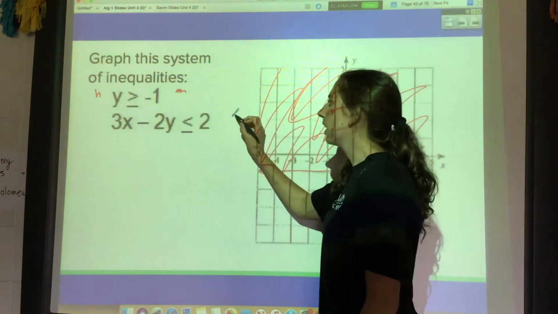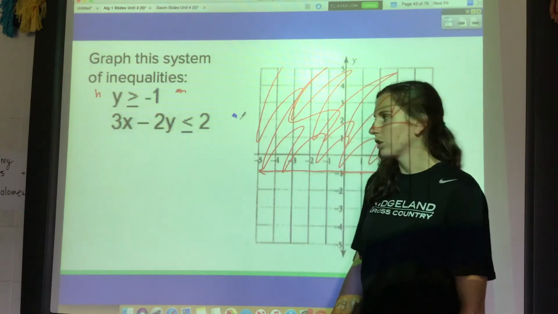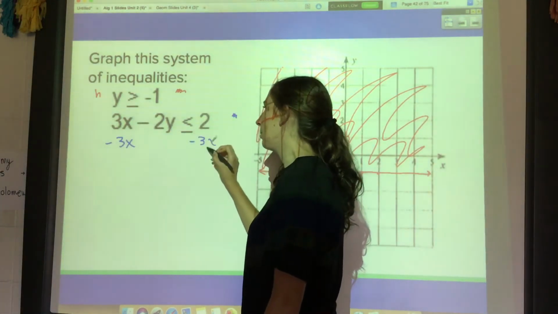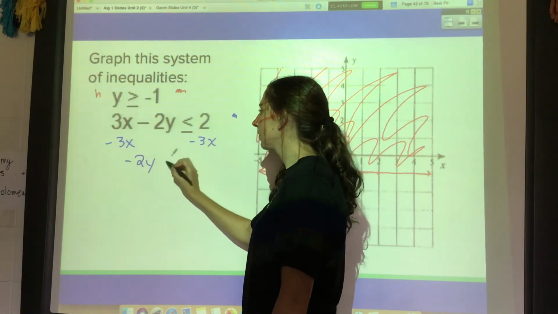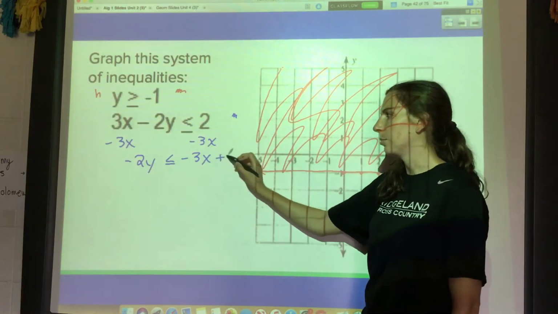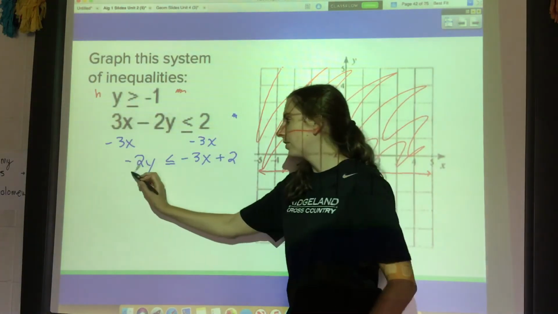Okay? For the next one, I'll do in blue. This next one here, we're going to need to solve for y in order to graph it. So subtract 3x from both sides, just trying to get y by itself. So negative 3x plus 2, that doesn't combine, those are not like terms. To finish this up, I'll divide by negative 2.